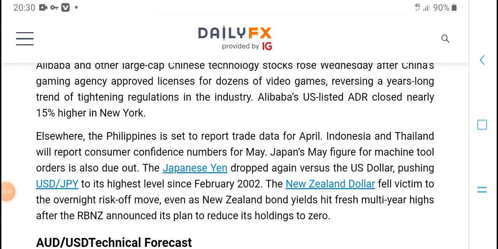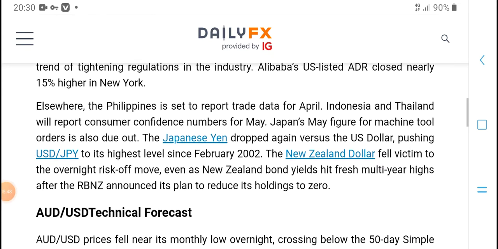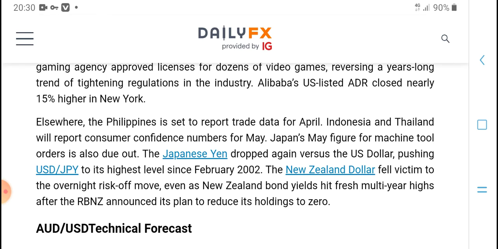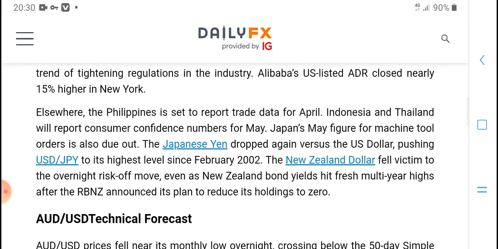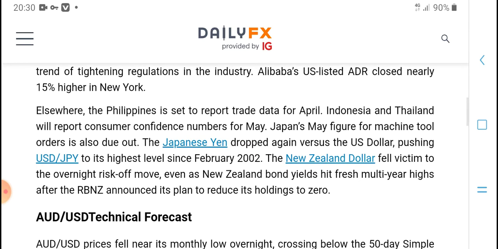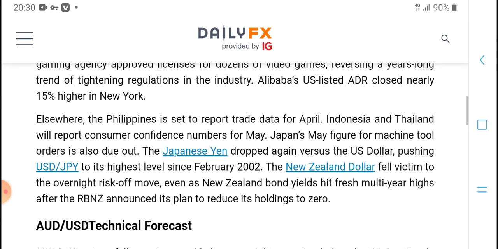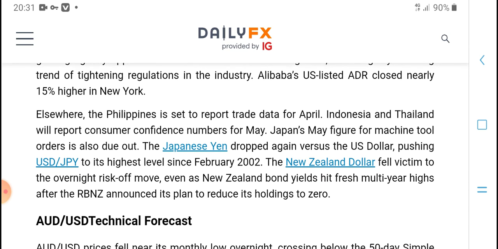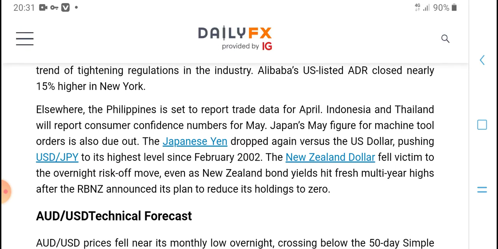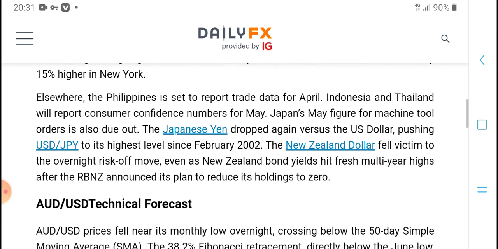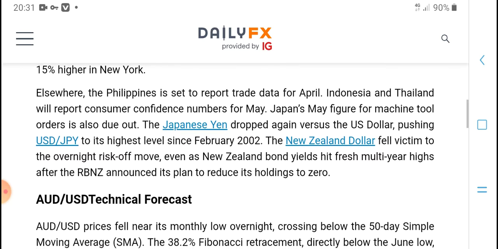The Japanese order data is also due out, and Japanese trade numbers from Japan figure.